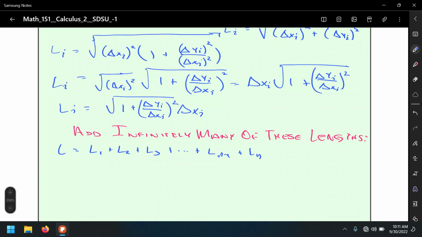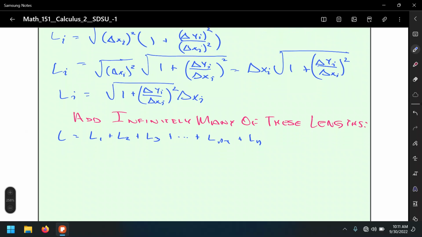Of course I'm not going to write one expression for each. It would correspond to, for example, delta y 1 over delta x 1 times delta x 1, but I'm not going to write this. Instead, I'm just going to represent this as a sum from i equals 1 to n of the square root of 1 plus delta y over delta x squared.